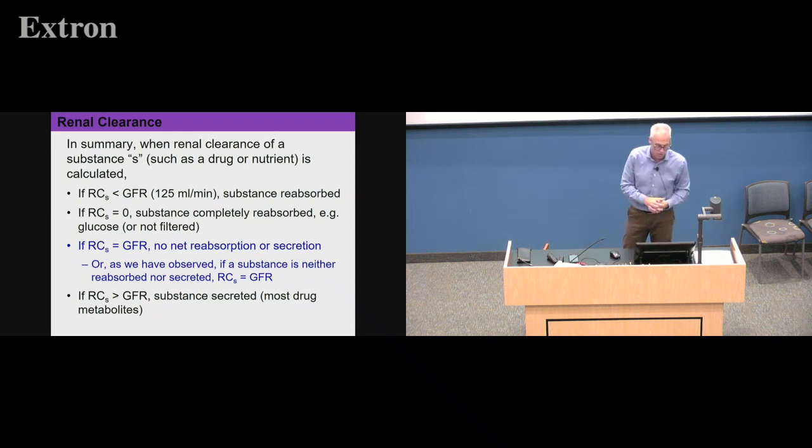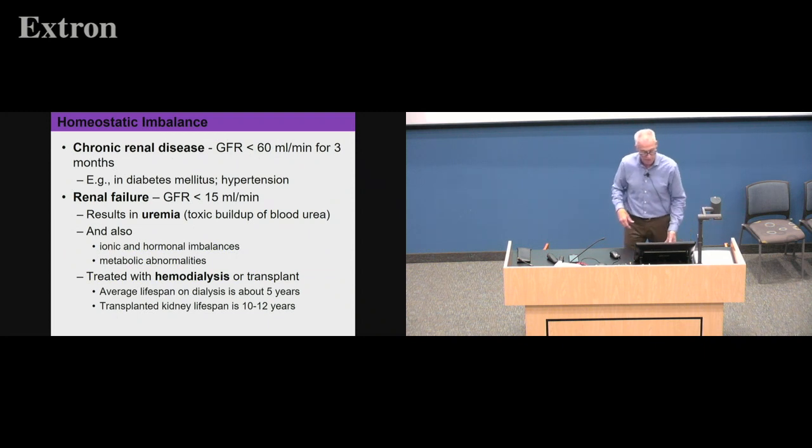And that's the case for a substance like glucose, which we normally reabsorb all of in the proximal tubule, just if that helps clarify what in the world renal clearance is. And then we have our case that we already talked about here in blue, in which we're talking about a substance not reabsorbed or secreted, and so that renal clearance equals glomerular filtration rate.